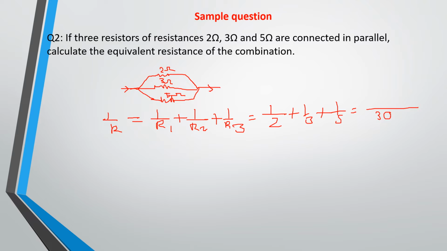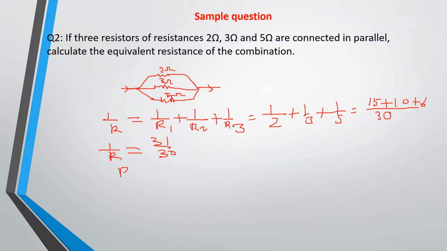Okay, so 30 divided by 2 is 15. 30 divided by 3 is 10. And 30 divided by 5 is 6. So by the time you do your addition there, you are going to have that 1 over R equals 31 over 30.